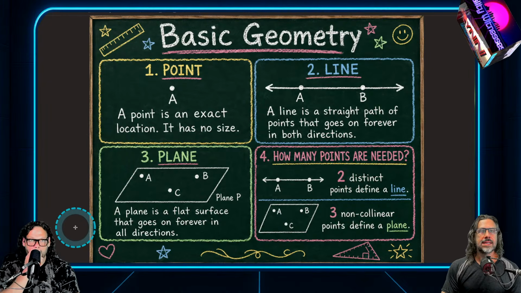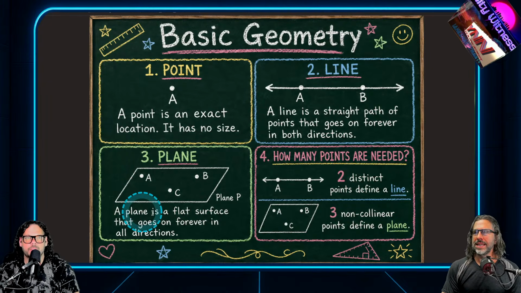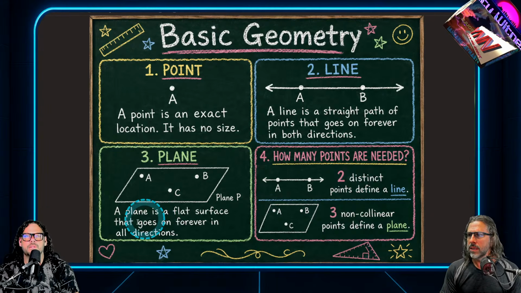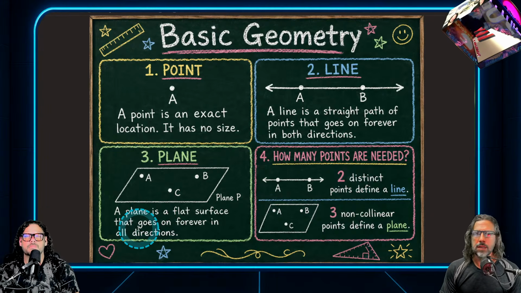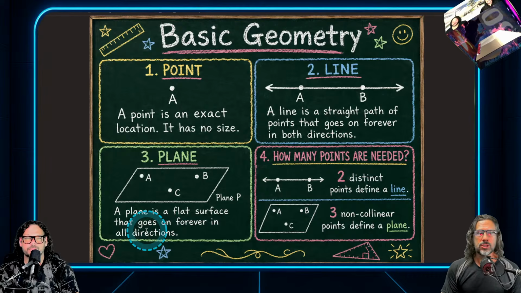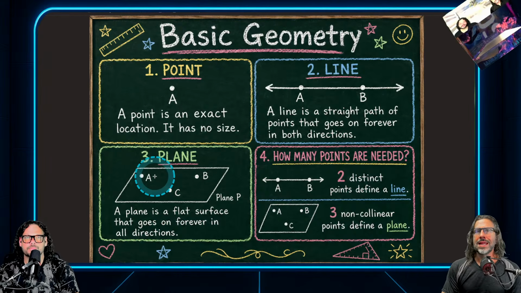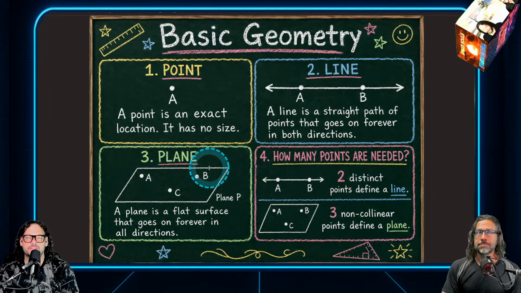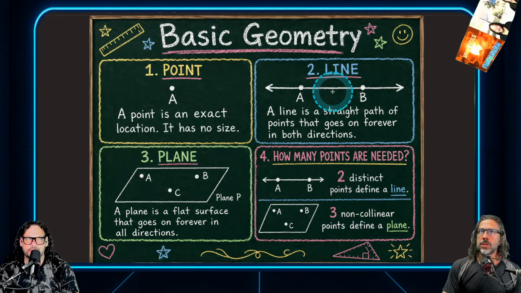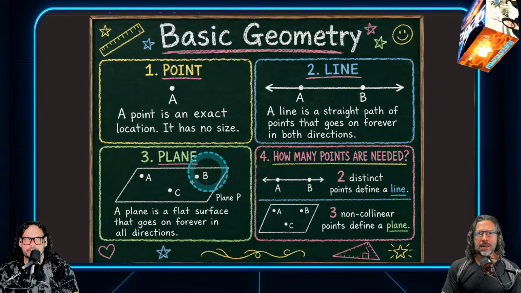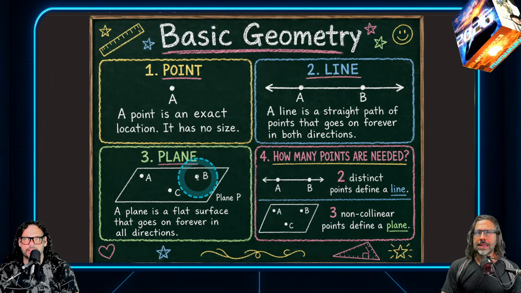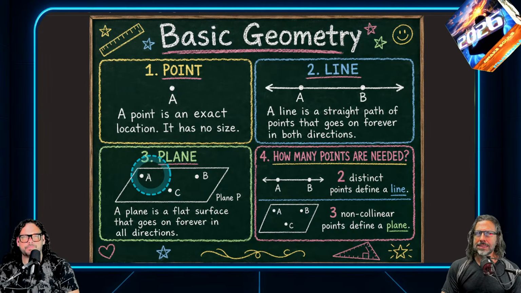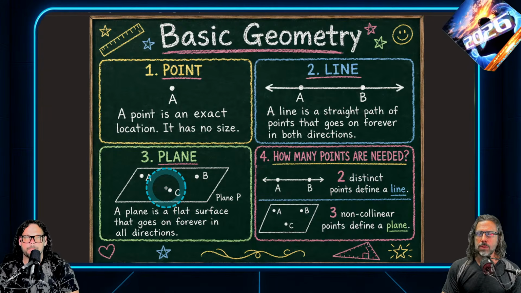A plane is a flat surface that goes on forever in all directions. It takes 3 points in order to create a plane. It took 2 points to make a line, but you have to have a third point that is not in the same line as the 2 other points.